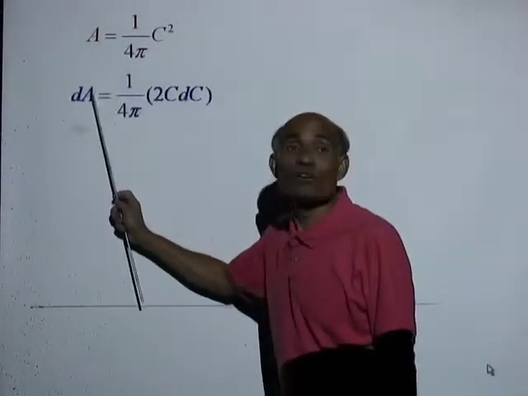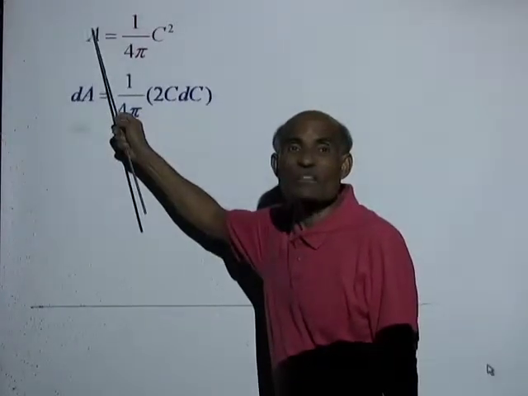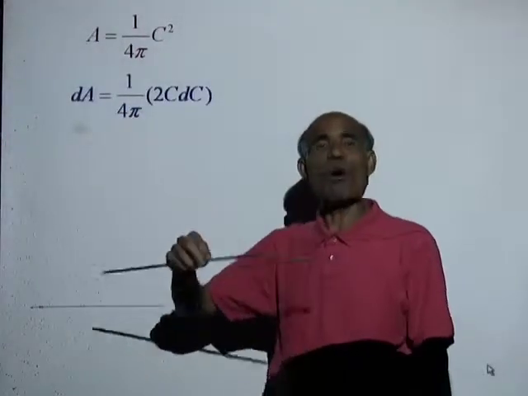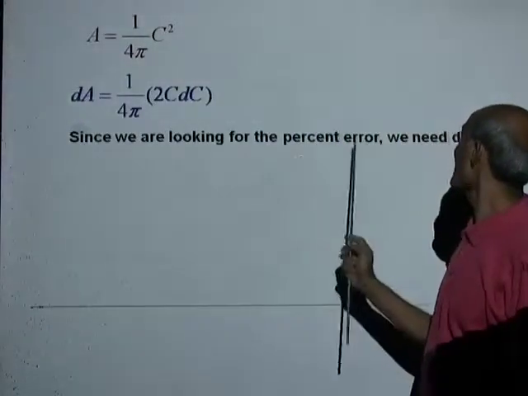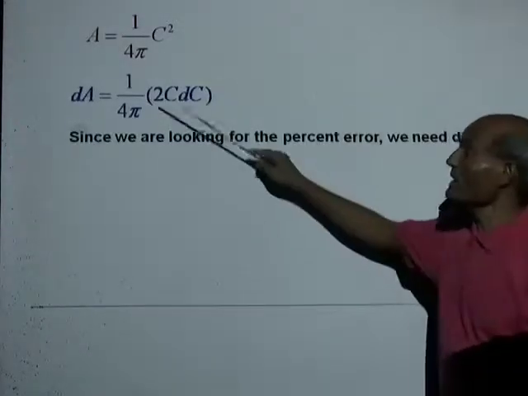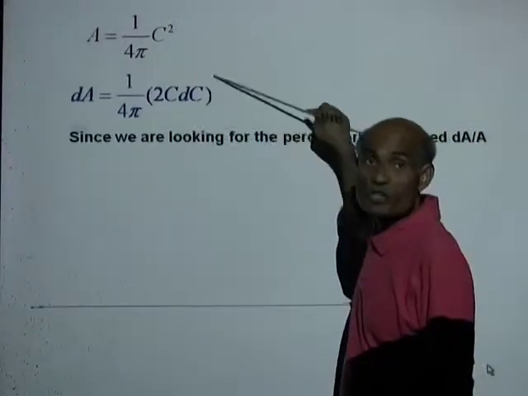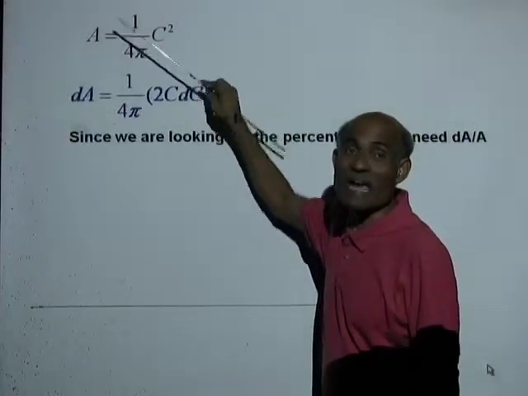We can now divide this quantity by A right away to get dA over A. Can you do that? Since we are looking for the percent error, we first need dA divided by A. That is, this quantity divided by this. That is what dA by A is.